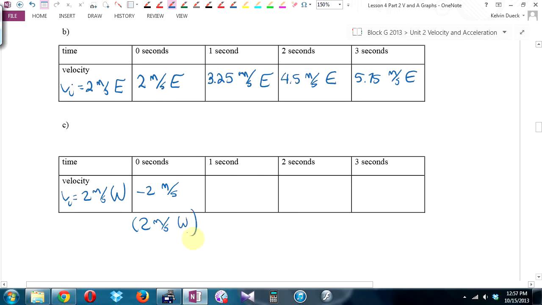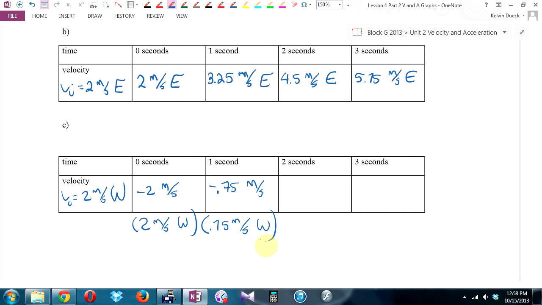Now, we're accelerating to the east, and we're going to call the east positive. So after 1 second, how fast are we traveling now? You could either say negative 0.75 meters per second, or you could say 0.75 meters per second, still heading west. Which one's easier to write? The negative. And that's going to be the notation we're going to drift into. Sometimes we'll pull out east, west, north, and south, but usually it's just going to be positive and negative, and we'll clue in what we're talking about.